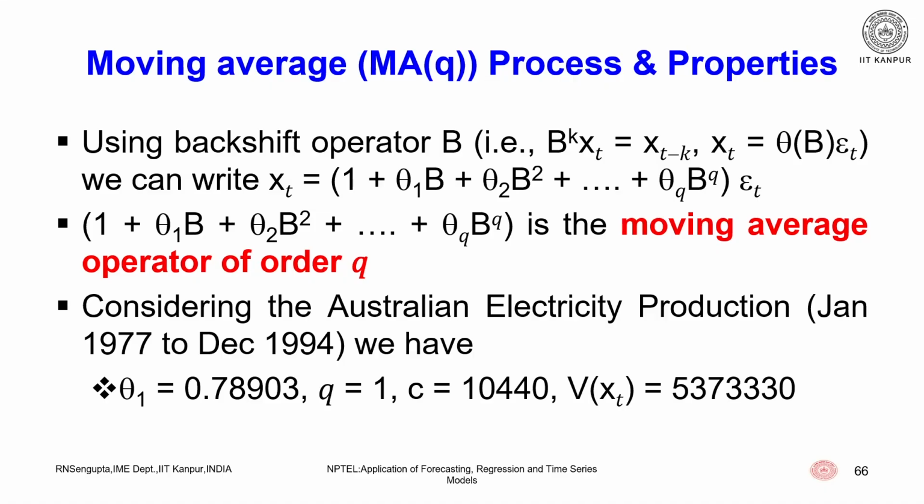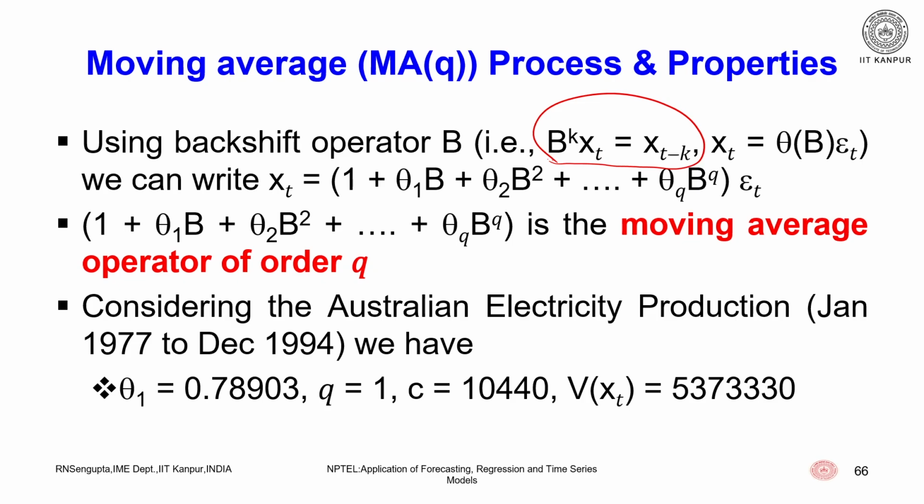This is the convention we are trying to follow using the backshift operator, where again the same concept. Here you have beta b to the power k, b is the backshift operator, k means how many terms you will go back, b to the power k x t is equal to x t minus k.